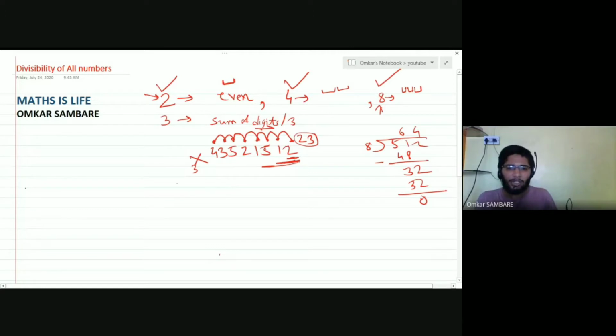Let's check for 5. What is the divisibility of 5? If the last digit is 0 or 5, then the number will be divisible by 5. Let's say the divisibility of 25. I want to check the divisibility of 25.